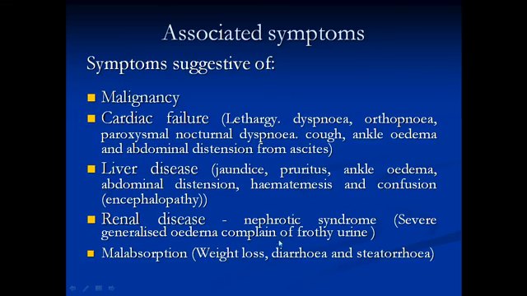Renal disease, nephrotic syndrome: severe generalized edema, complaint of frothy urine. In case of malabsorption, there will be weight loss, diarrhea, and steatorrhea. So associated symptoms are very much important for diagnosis in case of edema.